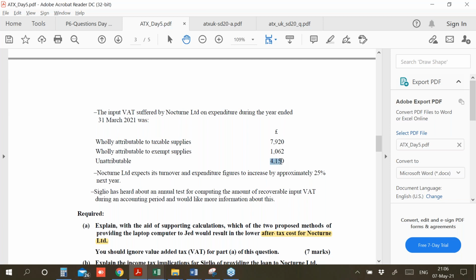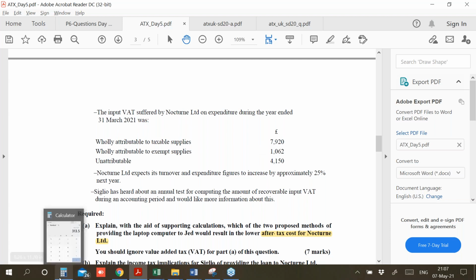To attribute the unattributable amount, you'll take 86% of that and include it in the claimable section and 14% in the non-claimable section, but we only do that if we had to perform the third test and make the complete table. Now, first of all, for the first test, the total input VAT must be 625 per month or lower on average, or 7500 annually. I don't think so, because only the amount attributable to taxable supplies is higher than 7500.